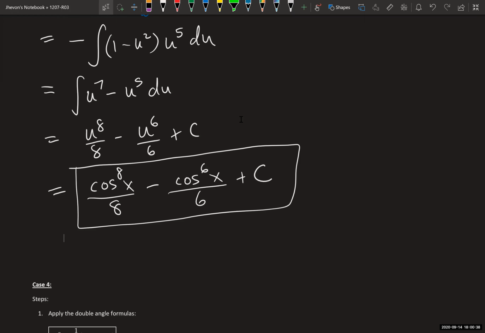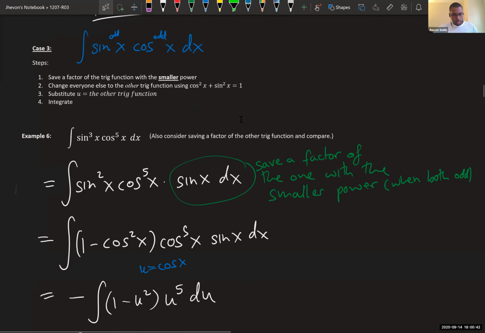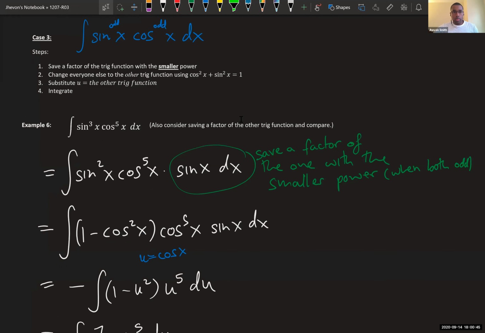Can you scroll up so we can see the steps for case 3 again? Yeah, I'm just changing the formatting here.